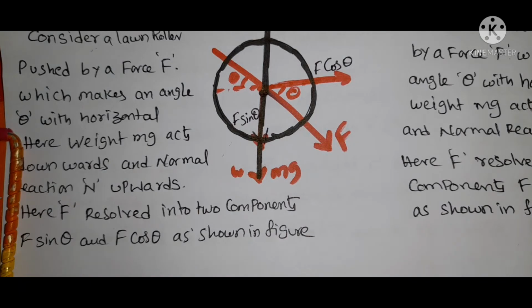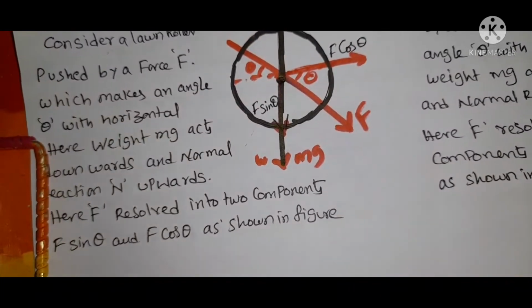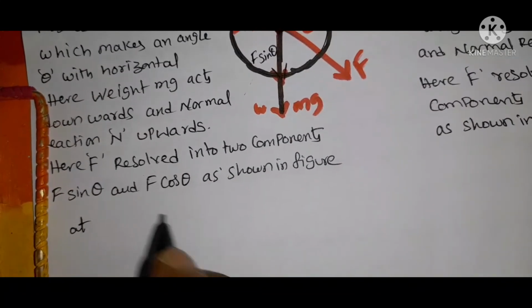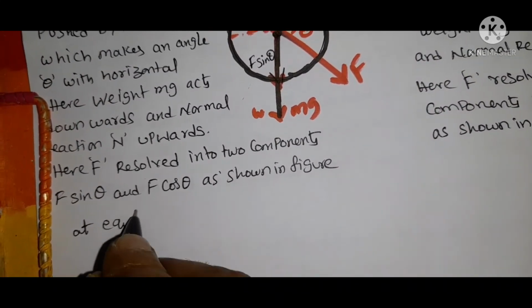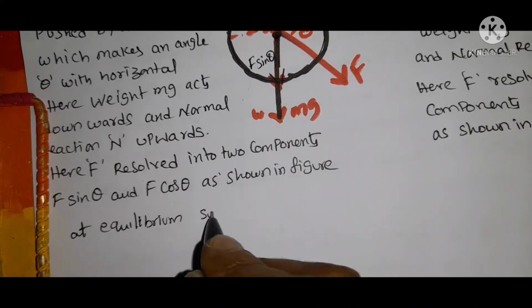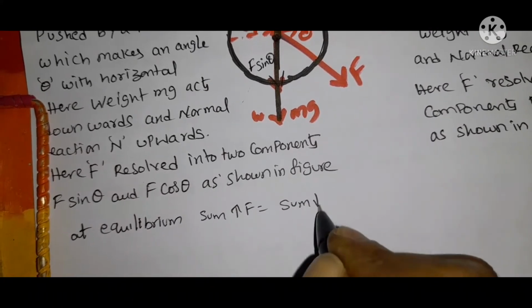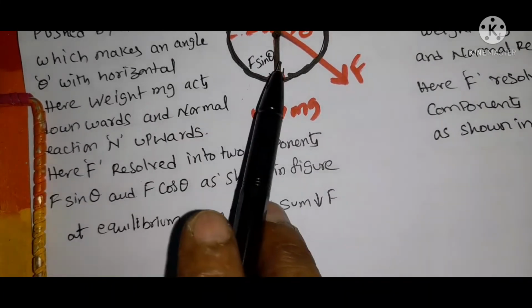Now at equilibrium, the sum of upward forces is equal to the sum of downward forces. What are the upward forces here?